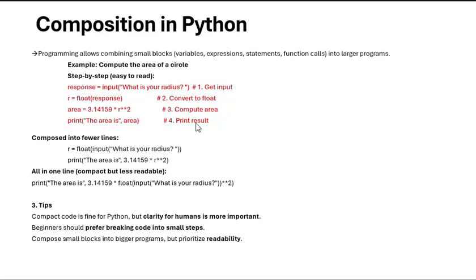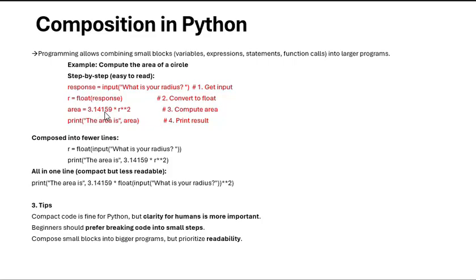If you check the part 1 video, then you will easily get this point. And r is equal to float of response. Whatever the radius you have entered here, it will convert to a floating point number.